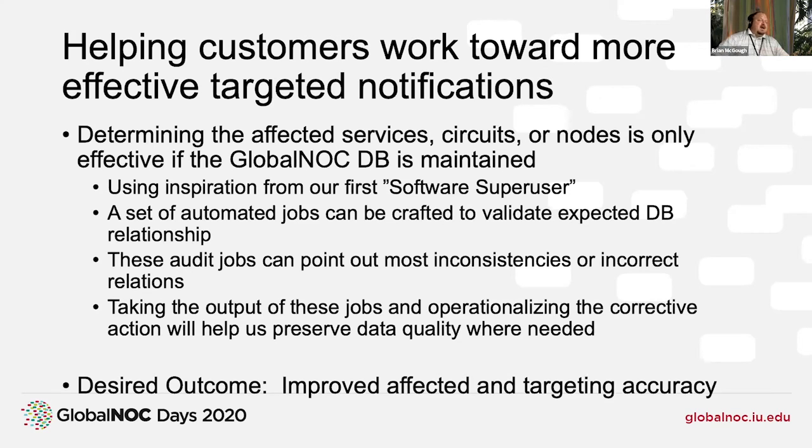So really, all this is saying here is, through audit scripts and defining those, and they'll be slightly different for everybody, but I think a lot of sharing could happen as well, we would be able to improve the affected and the targeting accuracy when we're doing targeted notifications. So, long-winded way of saying data quality matters.